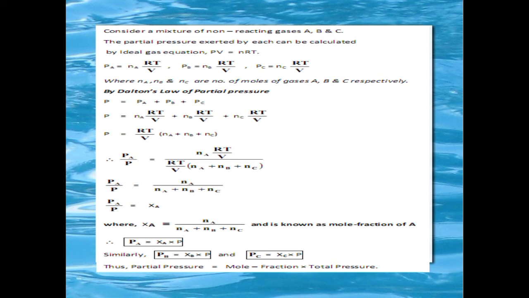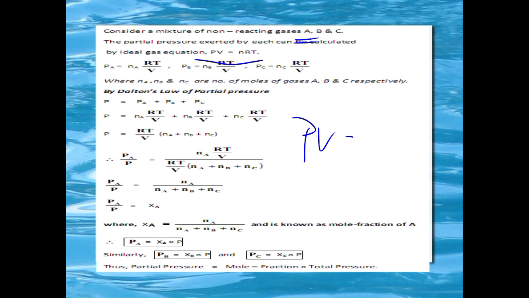If you want to calculate, we can use the ideal gas equation, that is PV is equal to nRT. If you want to calculate the pressure of A, instead of P we can write PA.